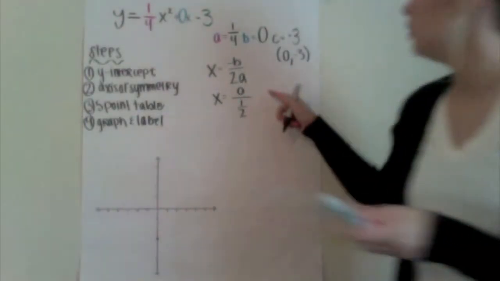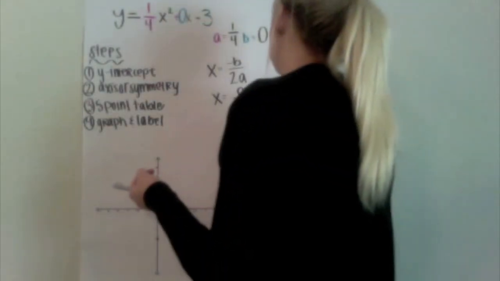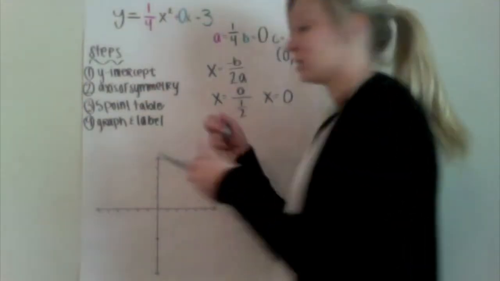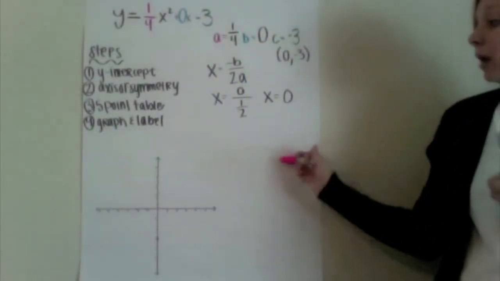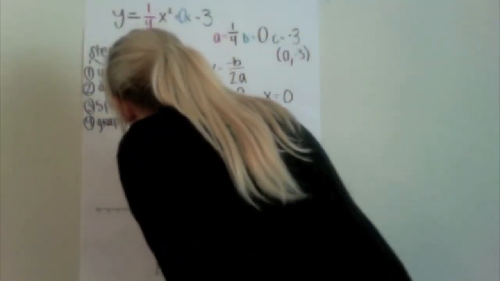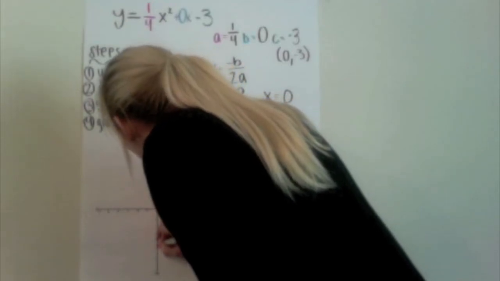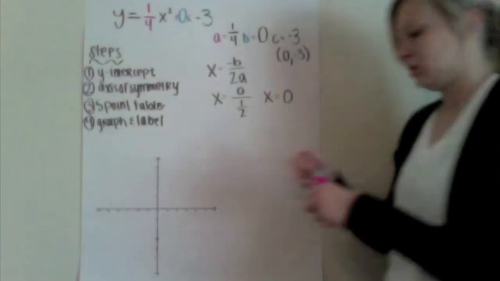Now we know that when you divide 0 by anything, you're left with just 0. So x equals 0 is our axis of symmetry. So we can go ahead and plot that. You're not going to be able to see it very well because it's actually on the y-axis, but just for purposes of practicing, we know that our axis of symmetry is right there on 0.